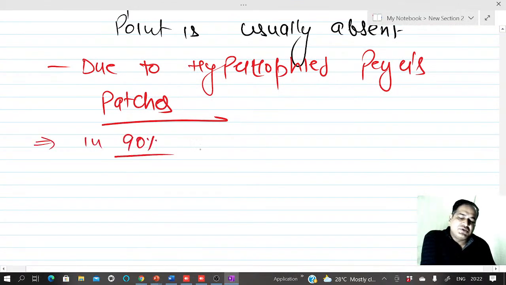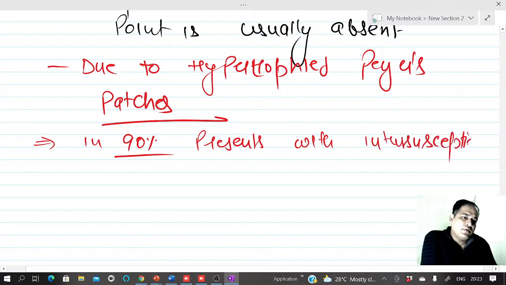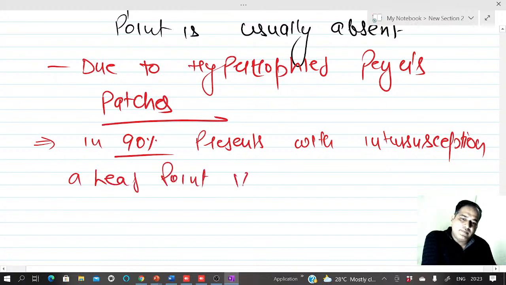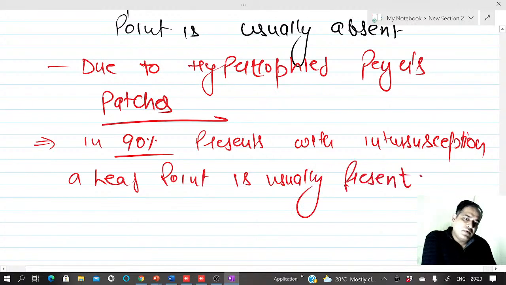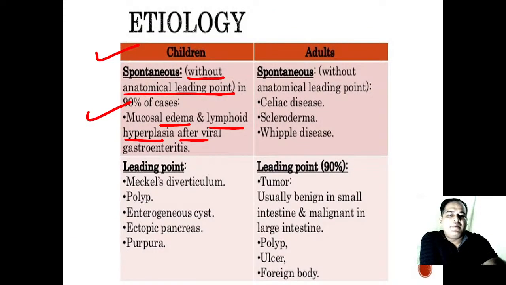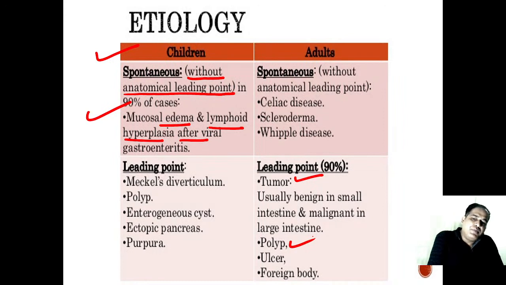Whereas in 90% of adults presenting with intussusception, a lead point is usually present. It could be a benign tumor, it could be a polyp.